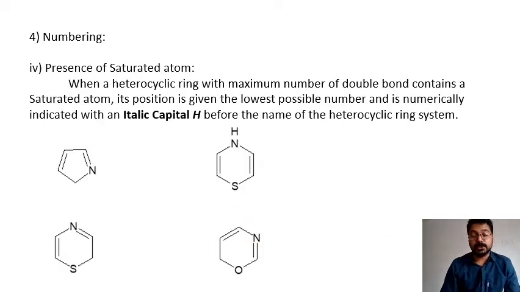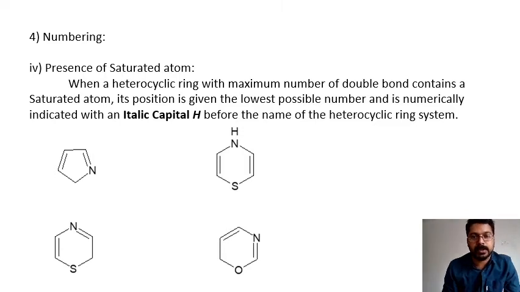And the most important thing is the indicated hydrogen. If there is a saturated atom, for example, in a heterocyclic system containing a maximum number of double bonds, you can see here the maximum number of double bonds is incorporated along with a saturated atom.